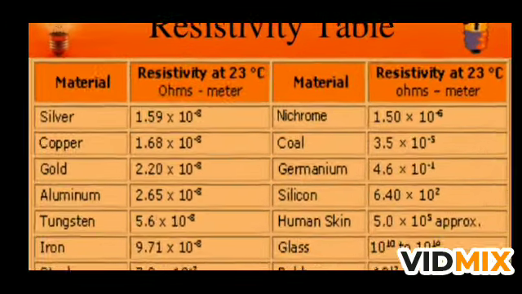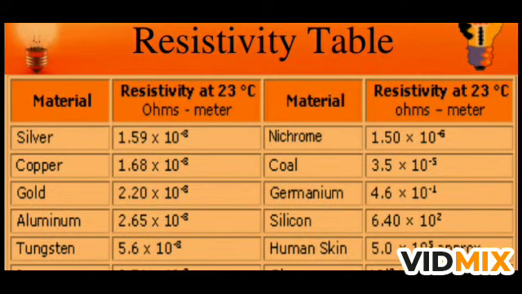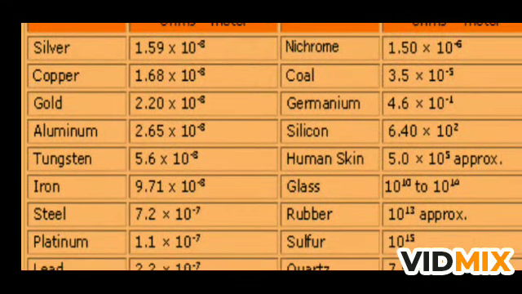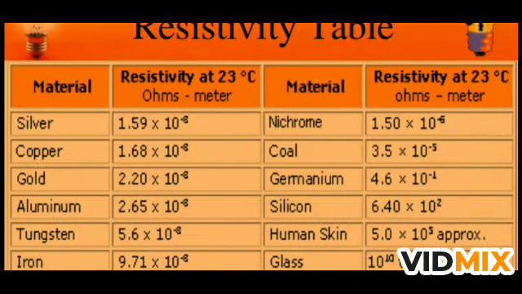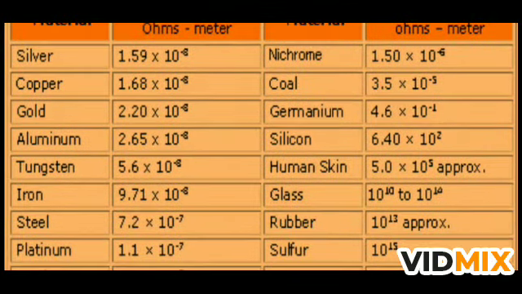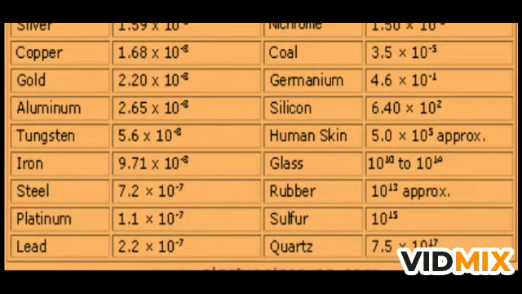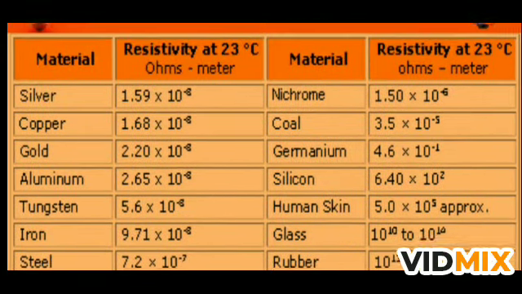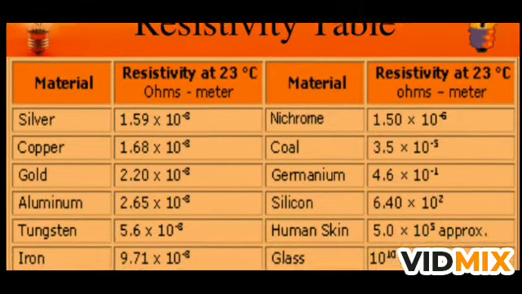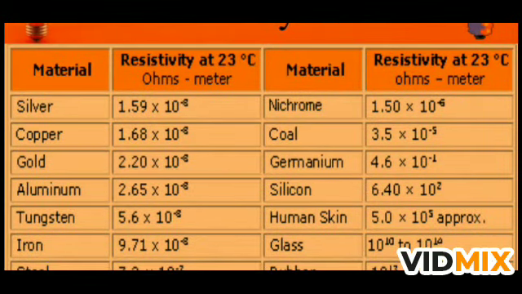If you see the resistivity table for the different materials: silver, copper, gold, aluminum, tungsten, iron, steel, platinum and lead. Compare the resistivity at 23 degrees centigrade for these materials; in the second part also nichrome, carbon, germanium, silicon, human skin, glass, rubber, sulfur, quartz. If you see silver, the resistivity is 10 to the power minus 8, and copper also 10 to the power minus 8.